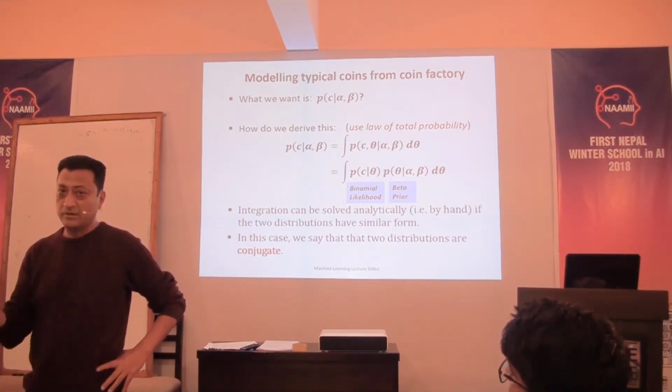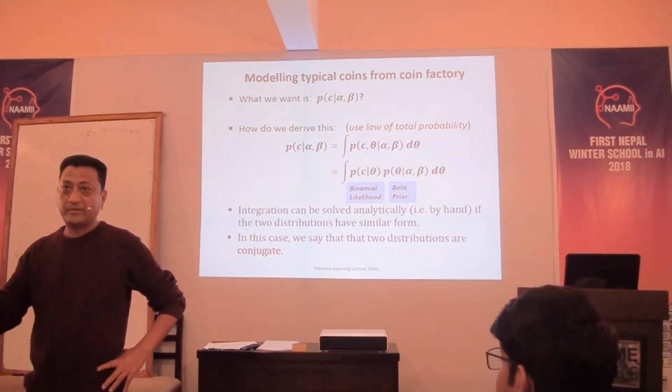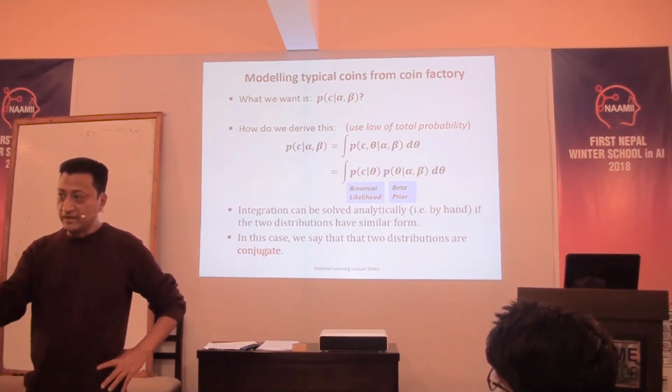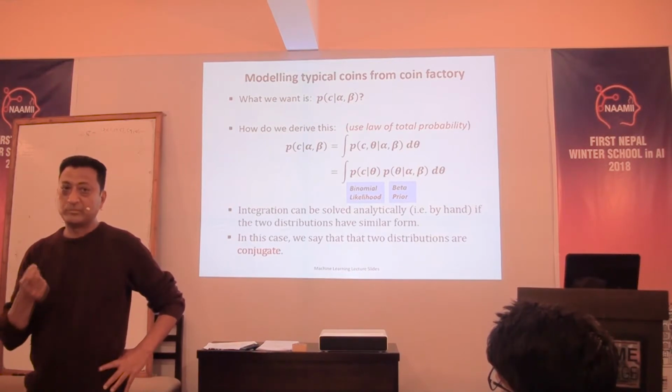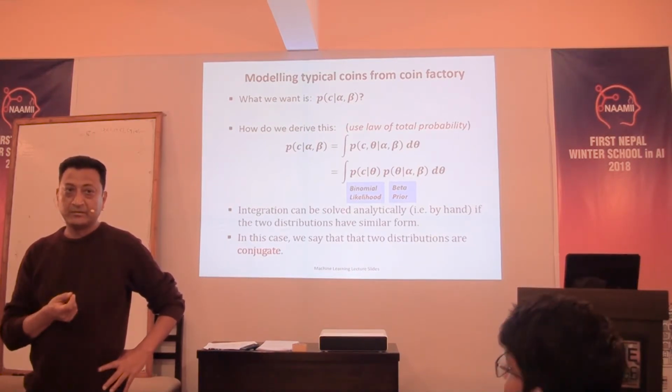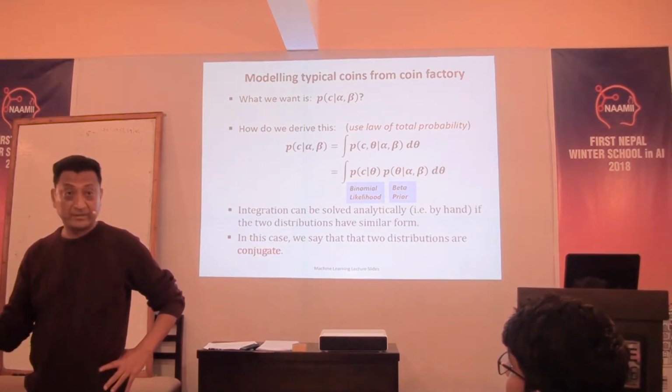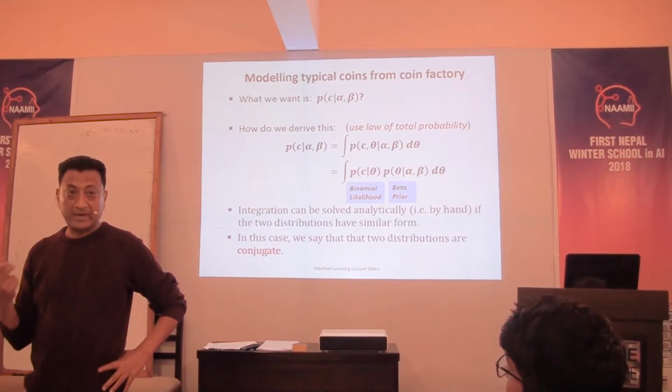I also know the alpha and beta values of the factory. The factory is parameterized by the beta distribution. So for each one of you, I know the probability that this coin was generated by this factory. I can calculate the beta probability value for each coin.